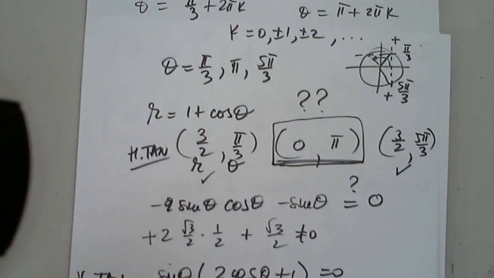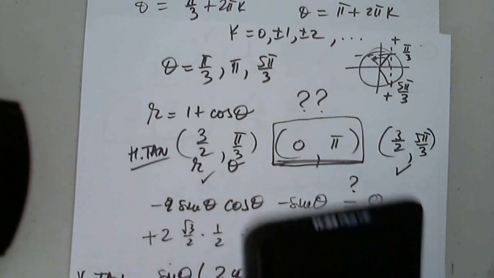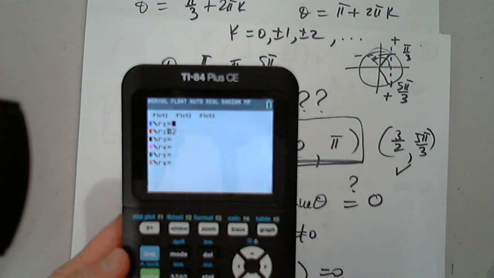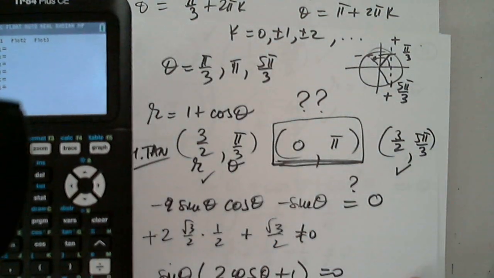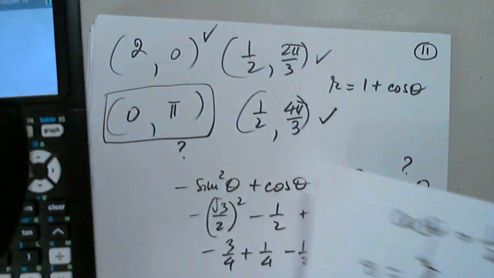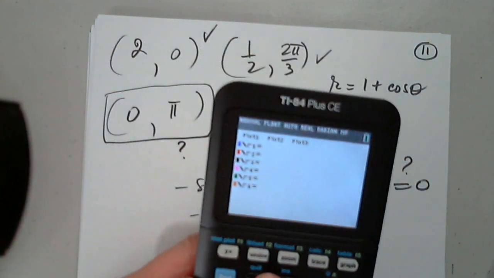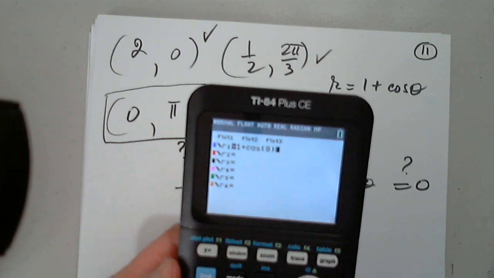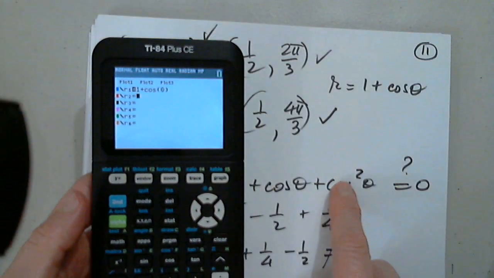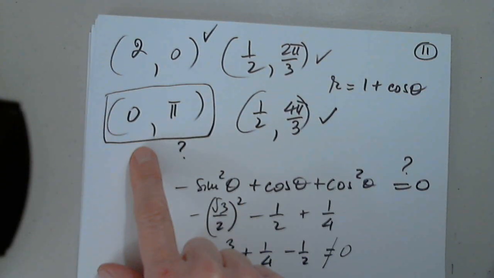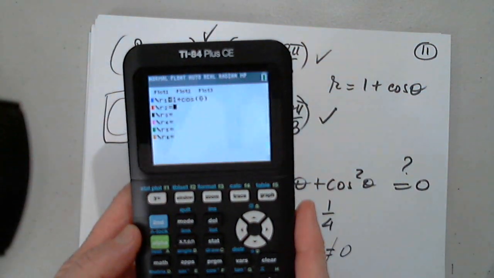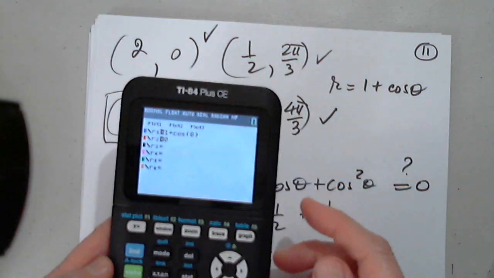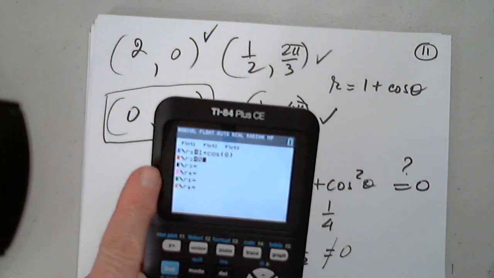Okay, so calculator. So we go to y equals, clear, and we have 1 plus cosine theta enclosed. And I want to graph r equals 0, to see if this appears to be a vertical tangent or a horizontal tangent. And this will be red.